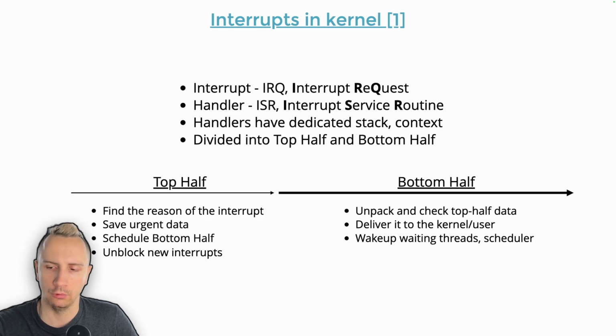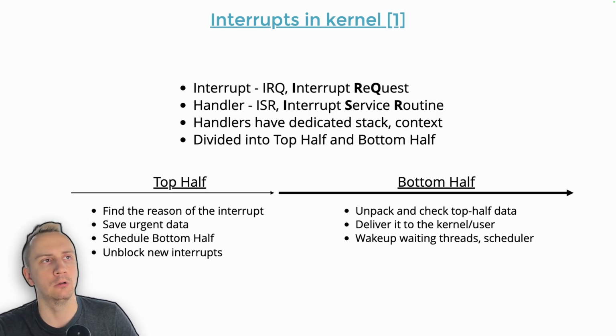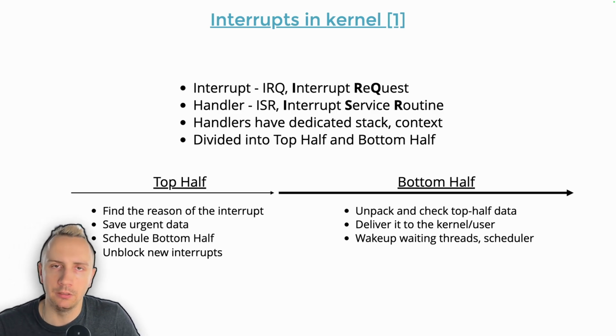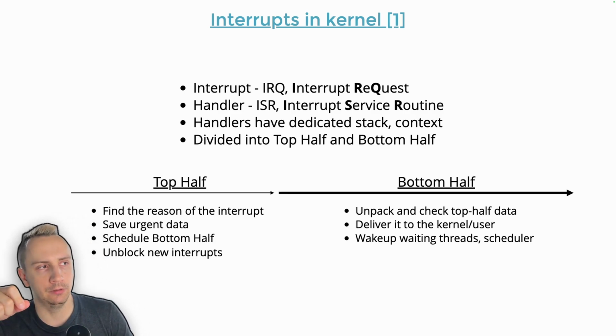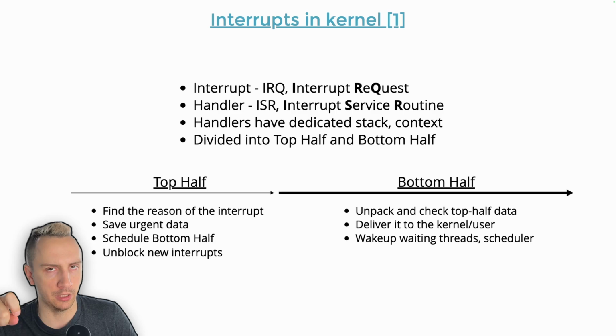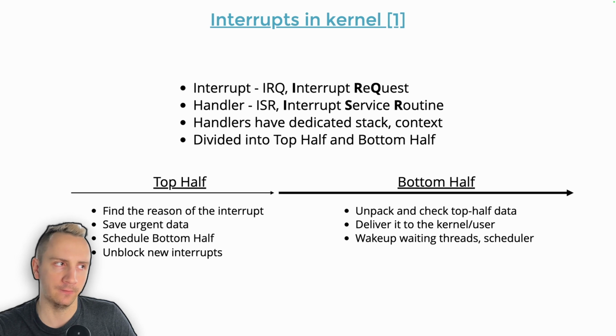and top half. Top half is the part of the interrupt service routine which is being processed exactly when the interrupt is coming into the kernel. So this is literally what is invoked when the PIC delivers the interrupt to the CPU core. And during execution of the top half of the handler, new interrupts cannot come in. The top half has to be very lightweight and fast.